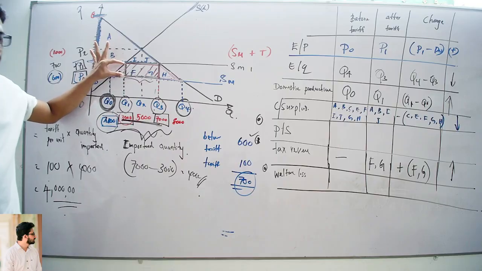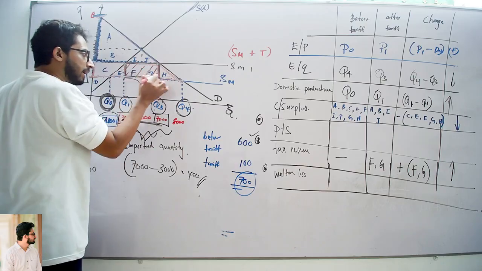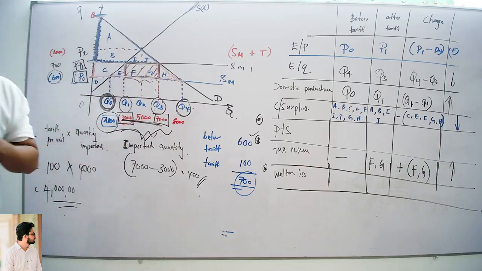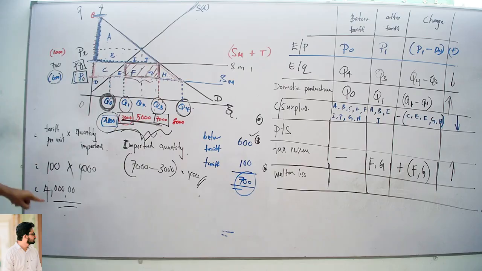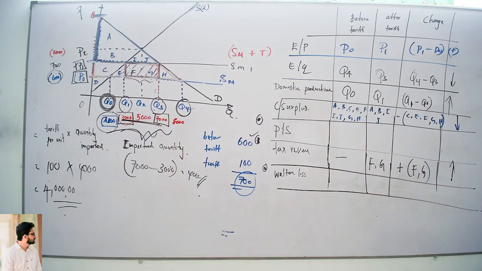The area of this rectangle is the government tax revenue, and if you calculate its area you get exactly this value. You can complete producer surplus and welfare loss, that is, loss in economic surplus. Take the economic surplus before the tariff and after the tariff and compare.